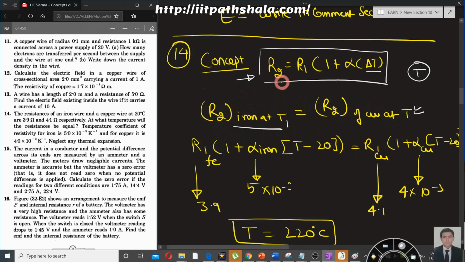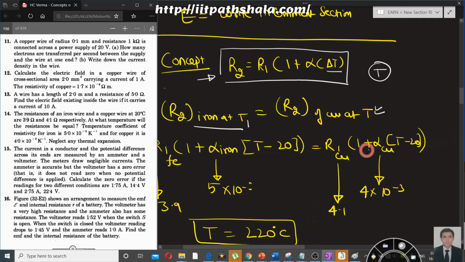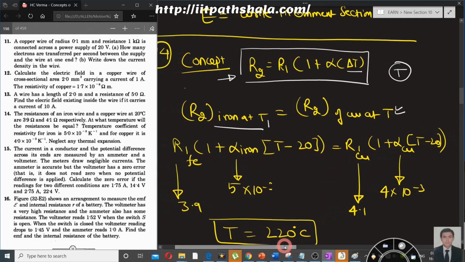By using this concept I can write R2 equals R1 (1 plus alpha delta T) for iron, equal to R1 of copper (1 plus alpha delta T) for copper. I have to replace R1 of iron at 20 degrees Celsius, then R1 of copper at 20 degrees Celsius by the appropriate values.